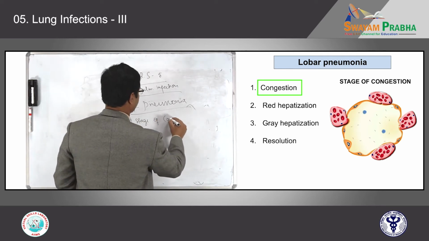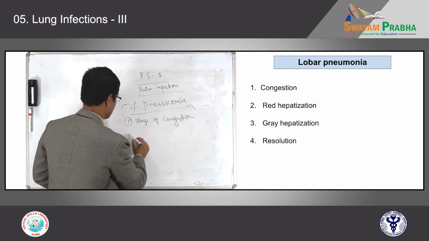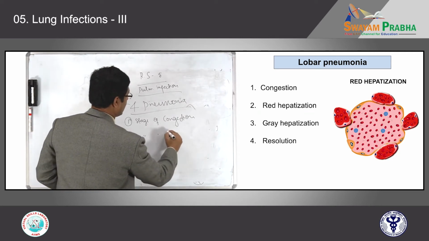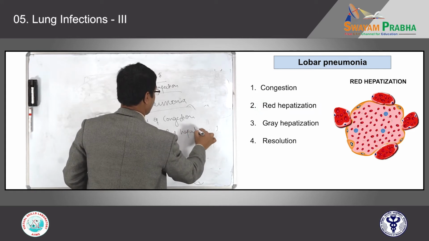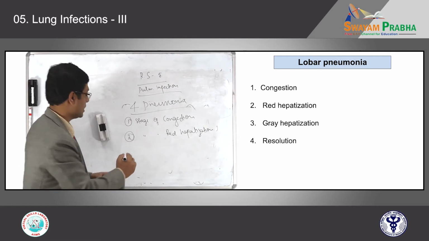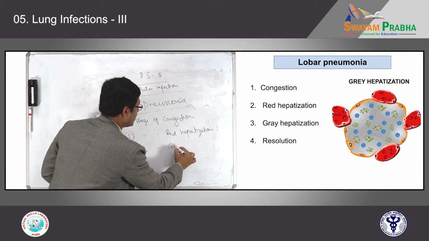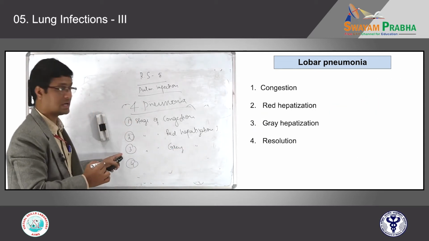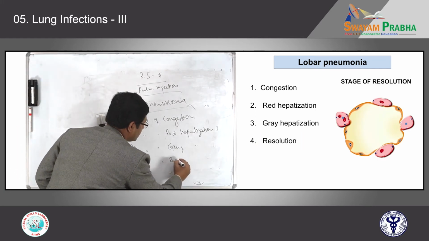The next stage is the stage of red hepatization. The third stage is the stage of gray hepatization. And finally, the fourth stage, when everything is done, is the stage of resolution.